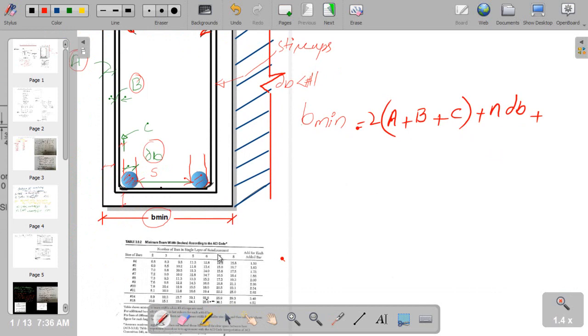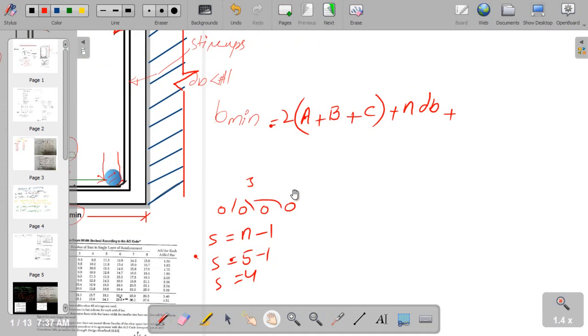If let's say we are using 4 bars, we have 1, 2 and 3 spacings, meaning the number of spacings is a function of the number of bars, that is n minus 1, right? So if we have 5 bars, 5 minus 1, the number of spacings will be 4. So this is the way in which we determine the number of spacings.